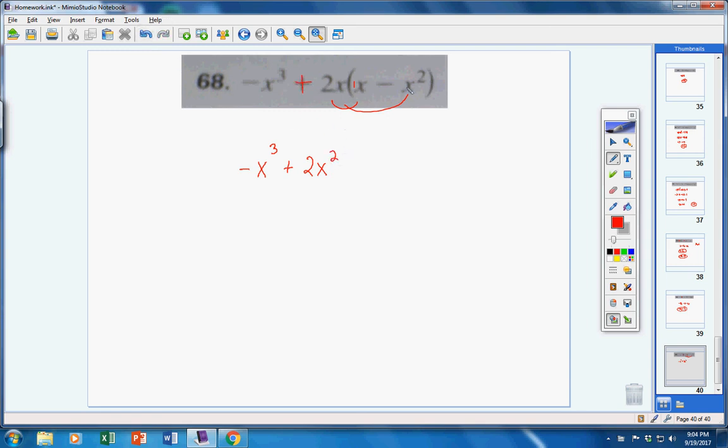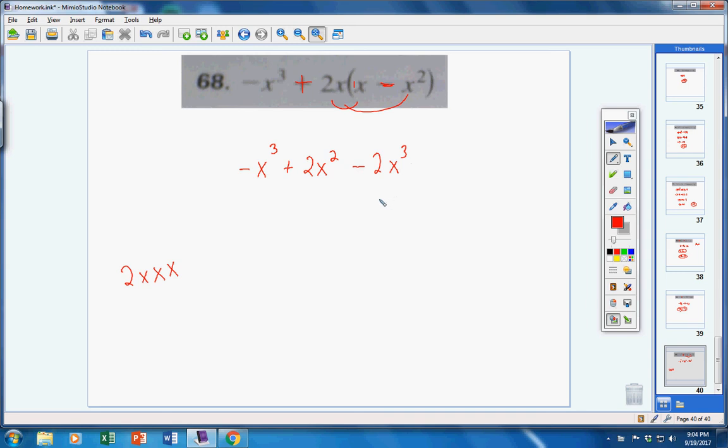Then a positive times a negative is negative, and 2x times x squared would be 2x times x times x, which is 2x cubed.